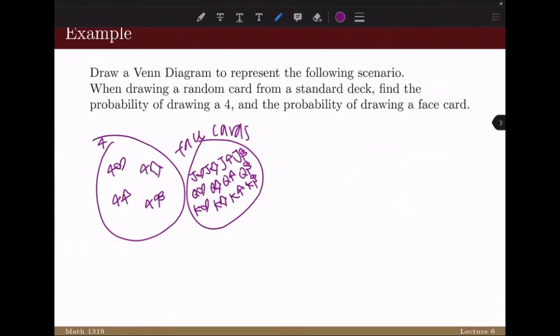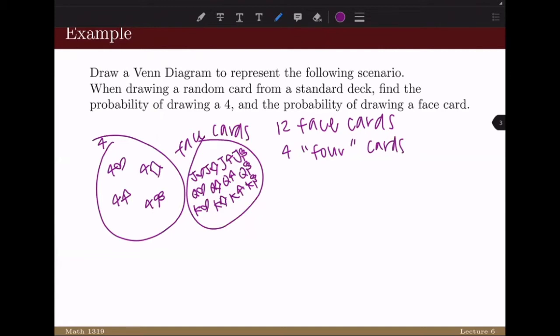So we want to find the probability of drawing a face card. We know that there are 12 face cards. We can count them in our Venn diagram. If we want to find the probability of drawing a 4, we also know that we have four cards with the number 4 on them.